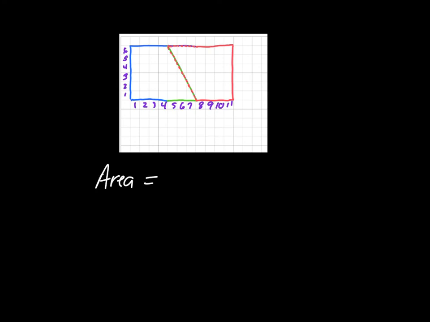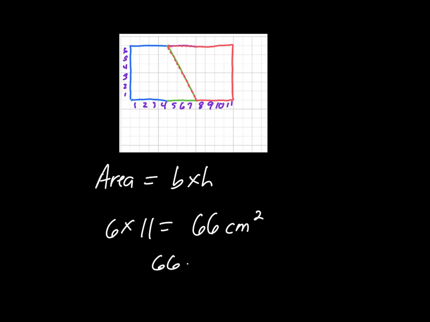Area equals B times H. We do 6 times 11 equals 66 centimeters squared. But wait, the original shape was not that full thing. We need to divide that by 2 because I added that whole second section to be able to do this rectangular trick. And I get 66 divided by 2 equals 33 centimeters squared.